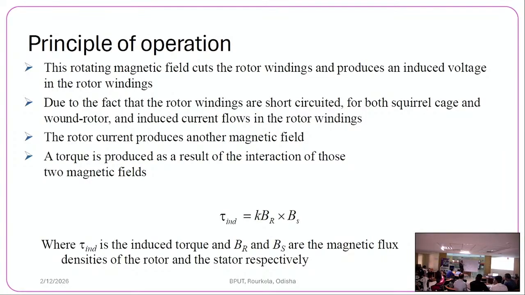Then with respect to the stator, what is the speed? With respect to the absolute speed, let us say the rotor speed I am writing as Nm, the mechanical speed of the rotor.